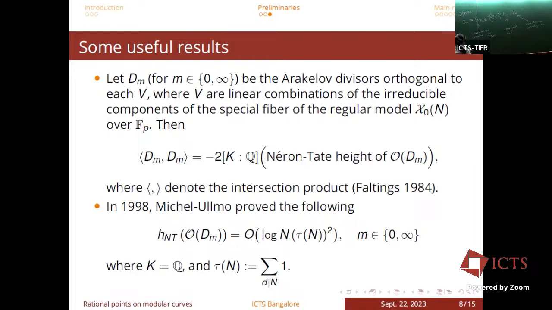The self-intersection (omega_{X_0(N)}, omega_{X_0(N)}) equals minus 2(g_N minus 1) times the intersection product (H_0, H_infinity), plus 1 over (g_N minus 1) times the intersection product of V_0 and V_infinity minus (V_0 squared plus V_infinity squared) by 2, plus this bound O(log N tau(N)^2).